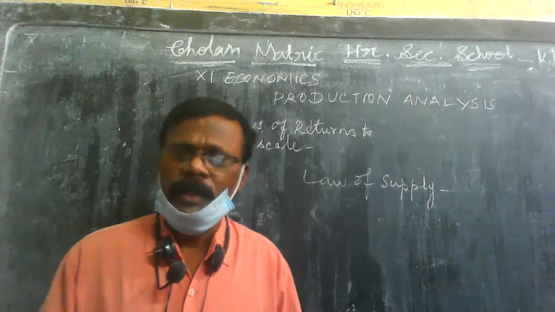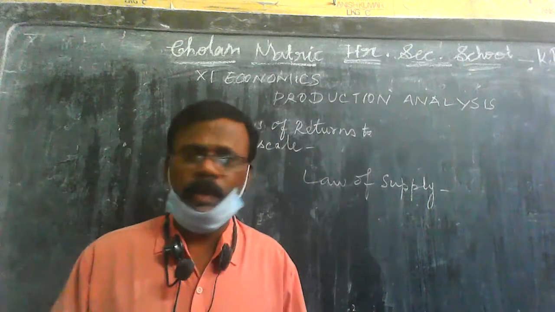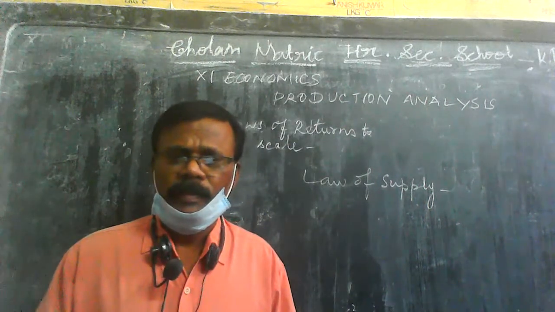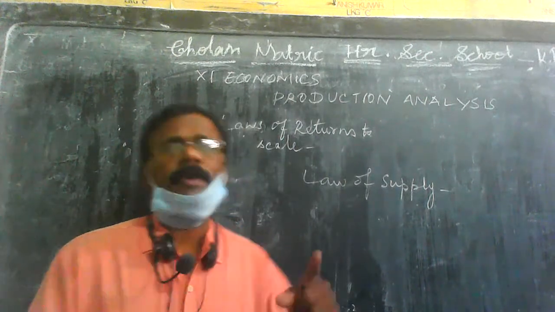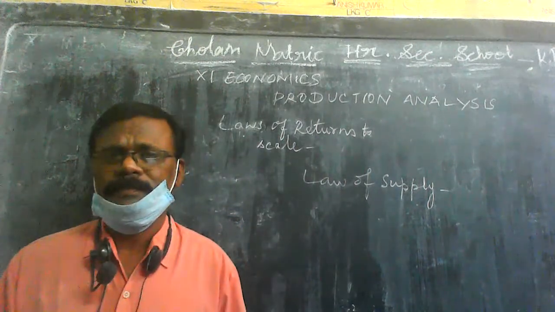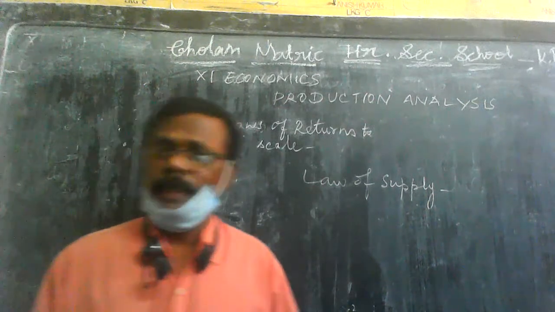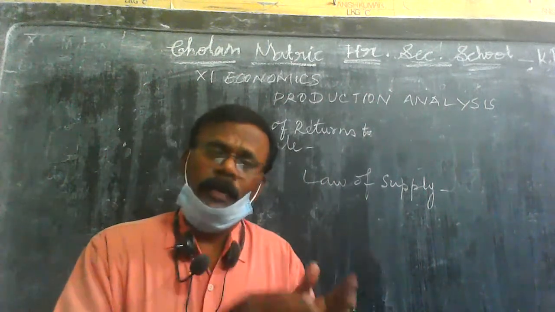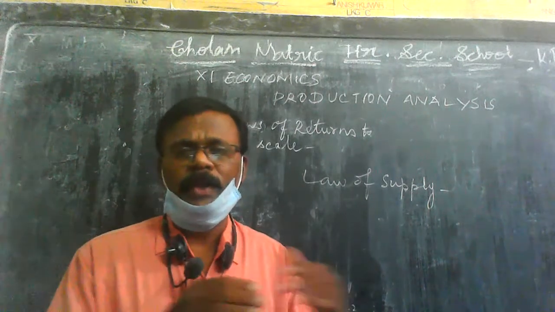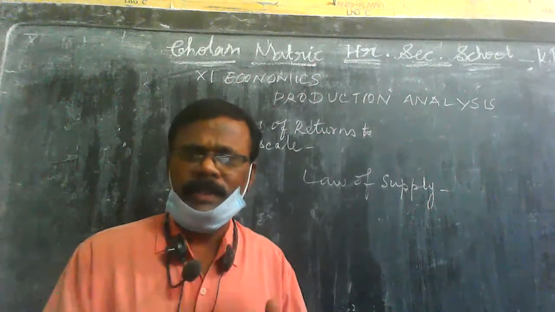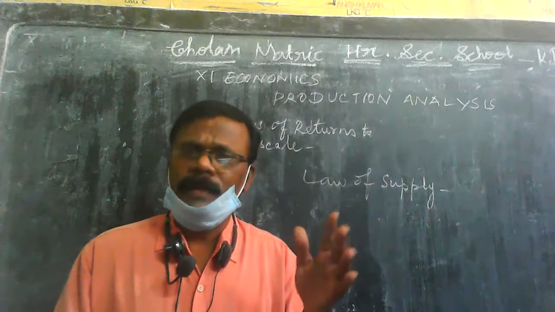The next is there is no change in technology. And it is also assumed that there is perfect competition in the market. Then the output or returns are measured in physical units. So these are the assumptions of the law of returns to scale.